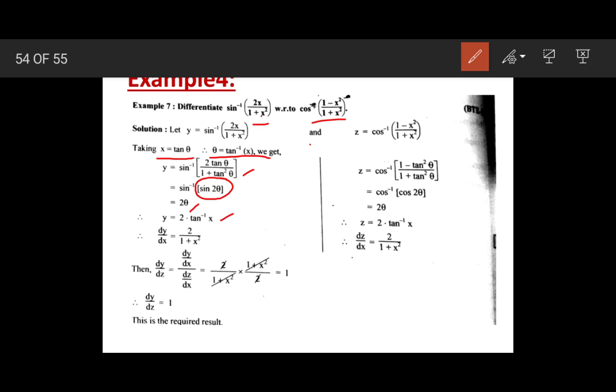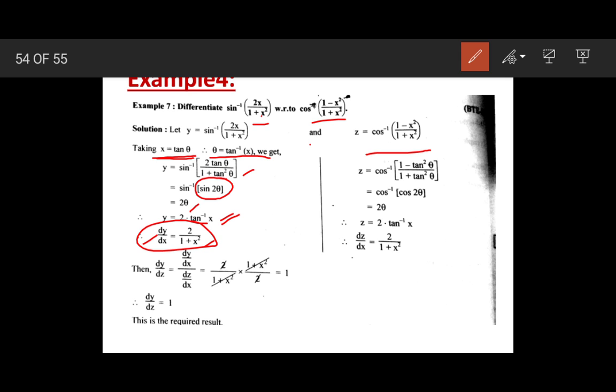Then differentiating y with respect to x, we get dy upon dx equal to 2 into the derivative of tan inverse x, which is 1 upon 1 plus x square. Now after getting this dy upon dx, let us see z. So z is cos inverse of 1 minus x square upon 1 plus x square. Again we substitute x as tan theta.